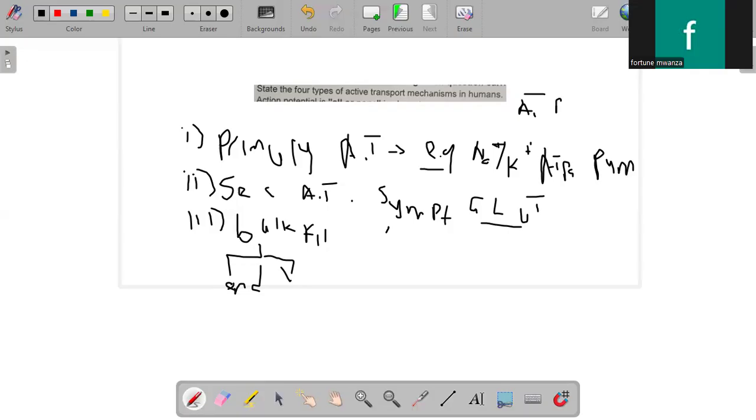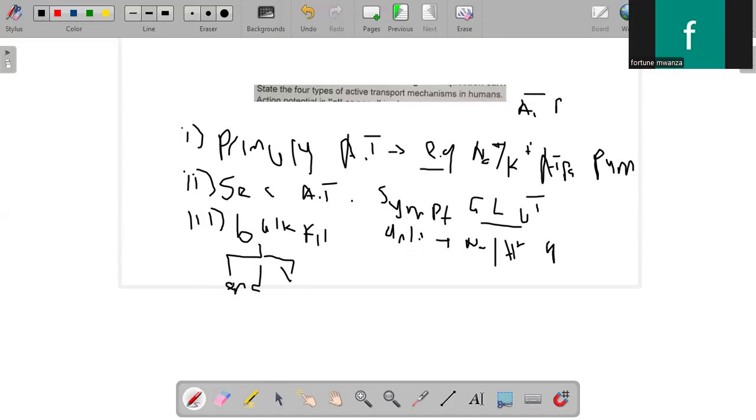Then you can have what we call an antiport. Here, substances will be moving in different directions. A good example of an antiport is the sodium-hydrogen exchanger, where substances will be moving in different directions.